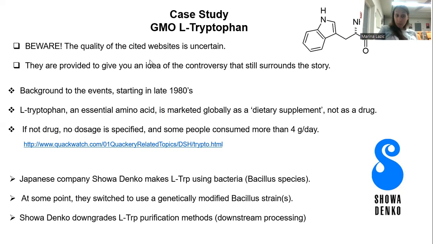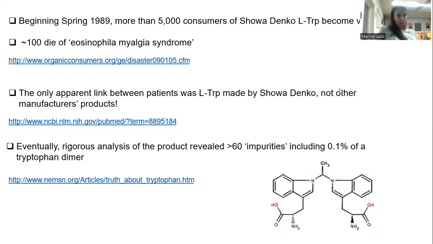This Japanese company, Showa Denko, made this tryptophan using Bacillus, and at some point they switched to a GMO Bacillus. Showa Denko then downgraded purification methods, and that affected downstream processing. Before spring 1989, more than 5,000 consumers of this L-tryptophan from a genetically modified organism became very ill.